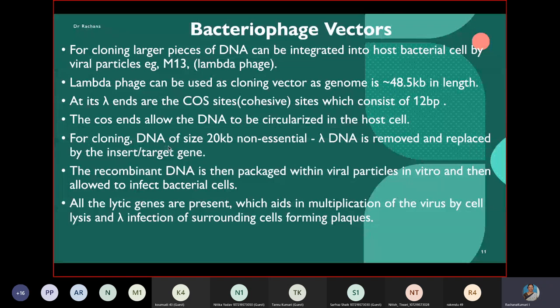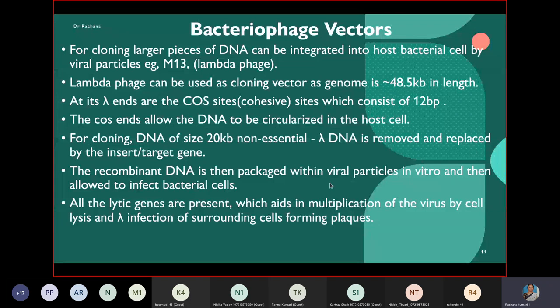Therefore, the DNA of nearly 20 kb which comprises the lysogenic genes can be removed and we can insert the target gene which we want to work with. Now this recombinant DNA is finally packaged into the viral heads.